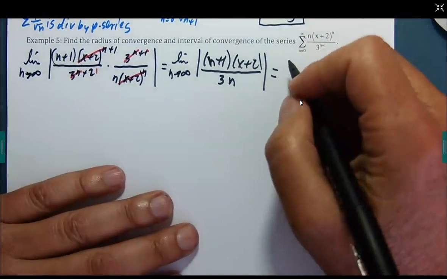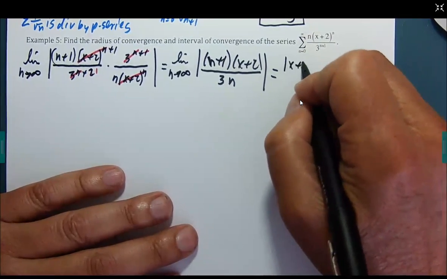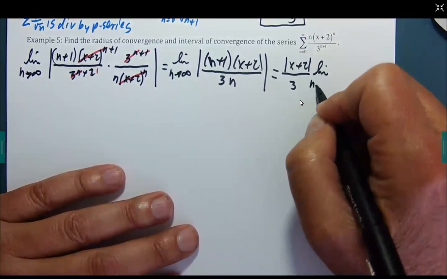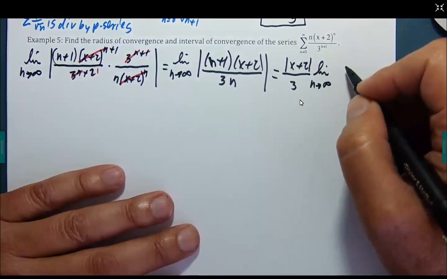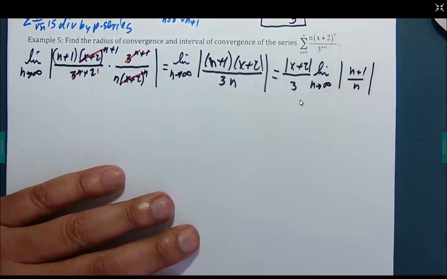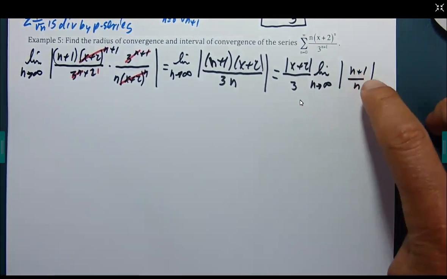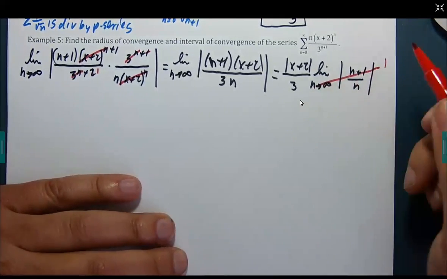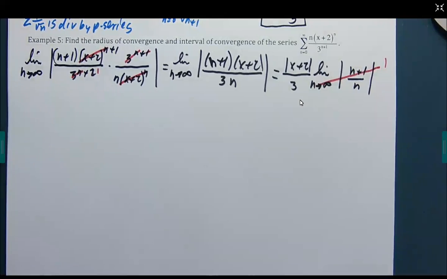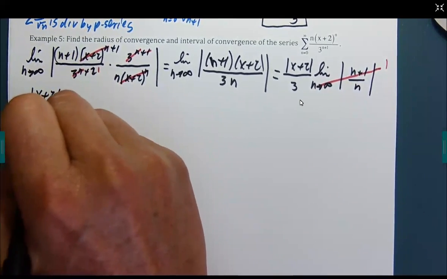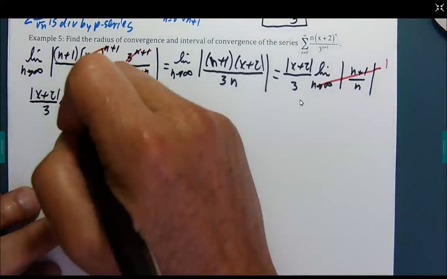That gives us absolute value of x plus 2 over 3 times n plus 1 over n. We can see the degree on the top and bottom here is the same. This whole thing goes to 1, which means this has to be less than 1 to be convergent.